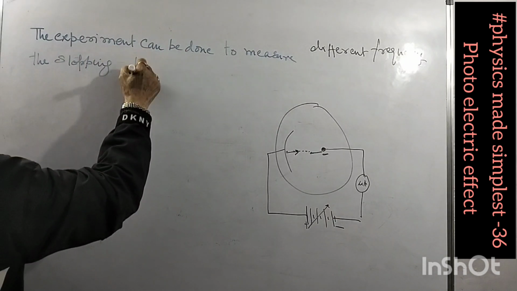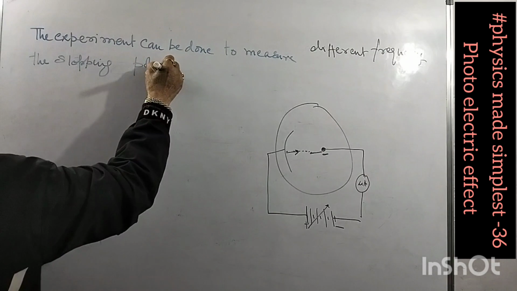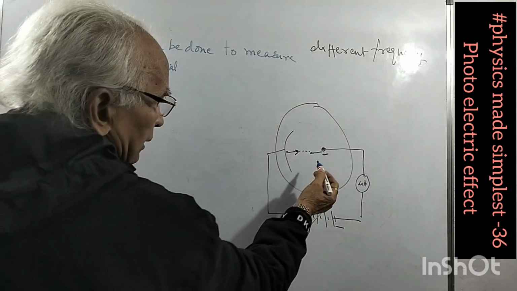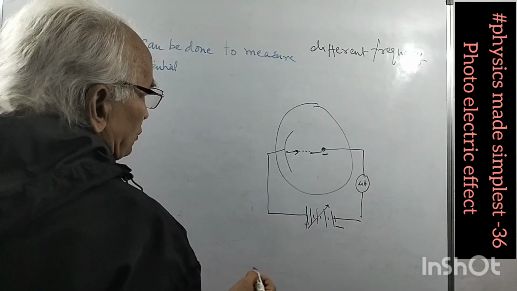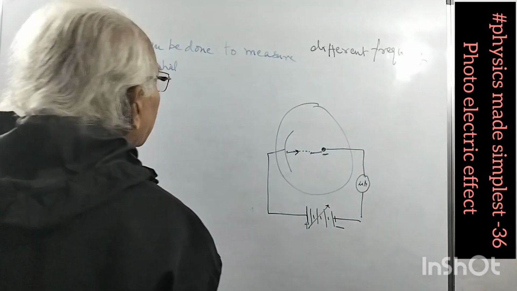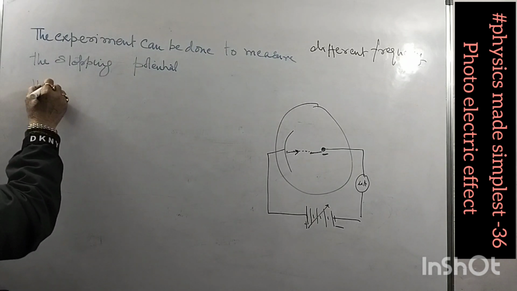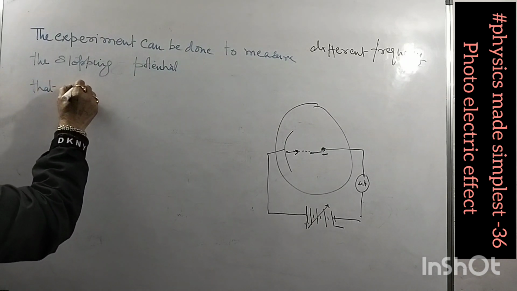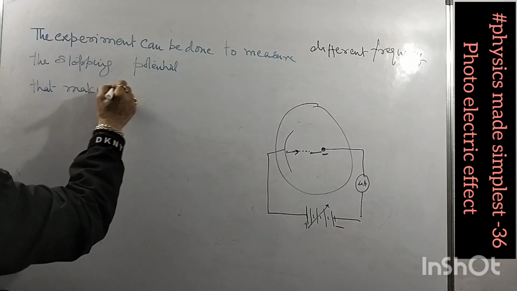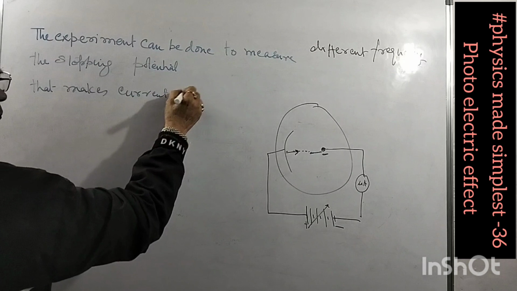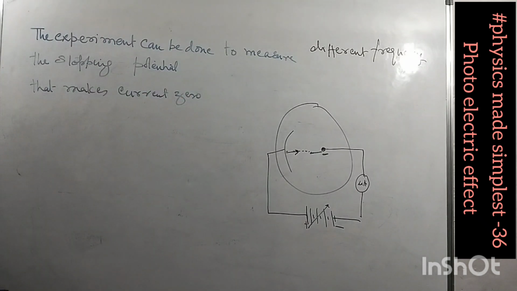Means we can apply here a potential so that the potential stops the electron. Stopping potential means that which makes current zero. That is called stopping potential.